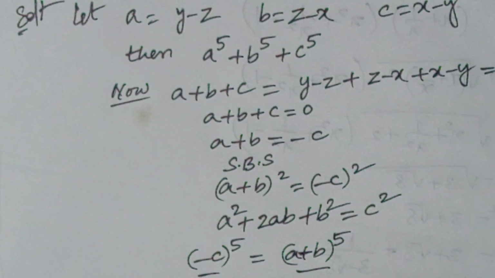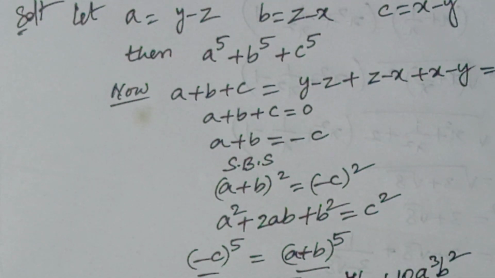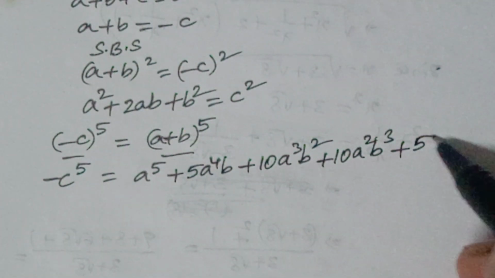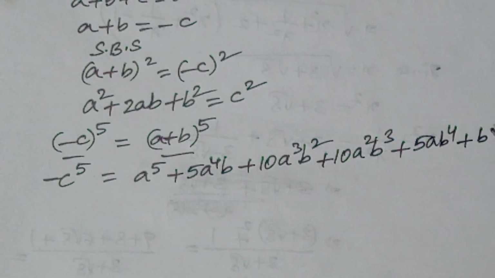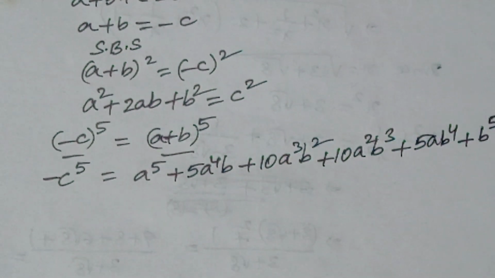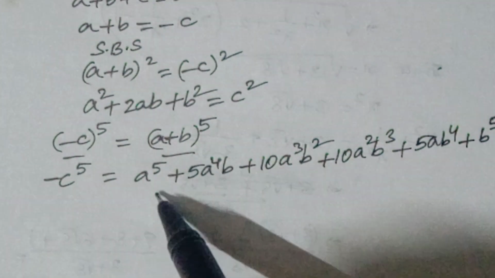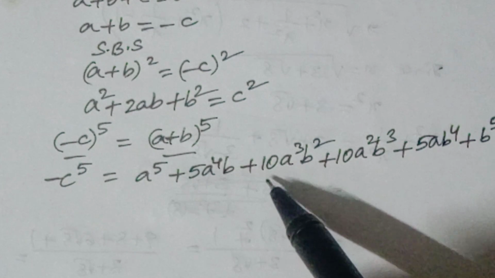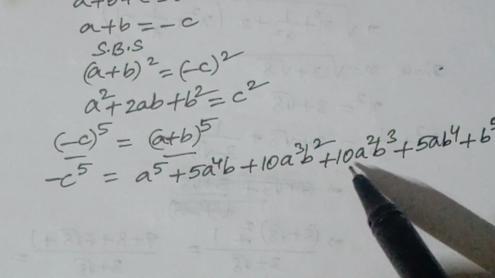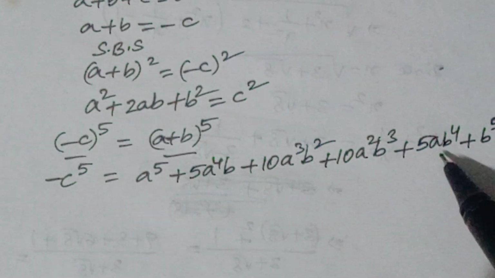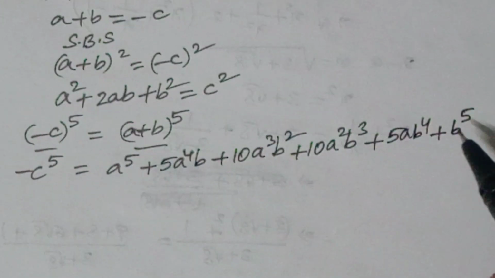So minus c to the power of 5 is equal to a power 5 plus 5a power 4 b plus 10a cube b square plus 10a square b cube plus 5a b power 4 plus b power 5. So this is the (a plus b) whole power 5 formula.